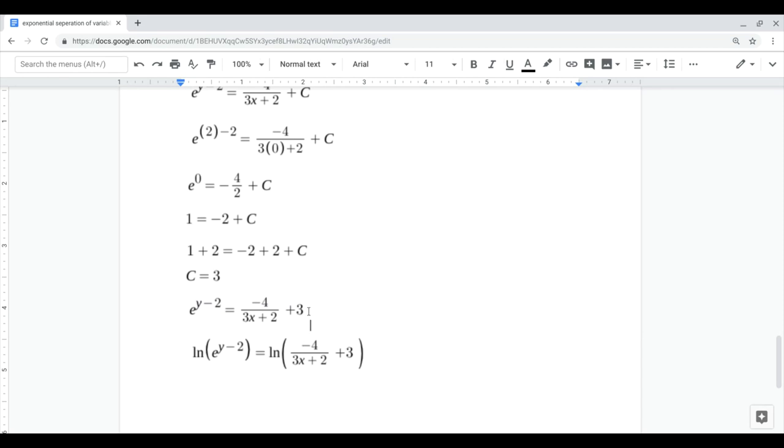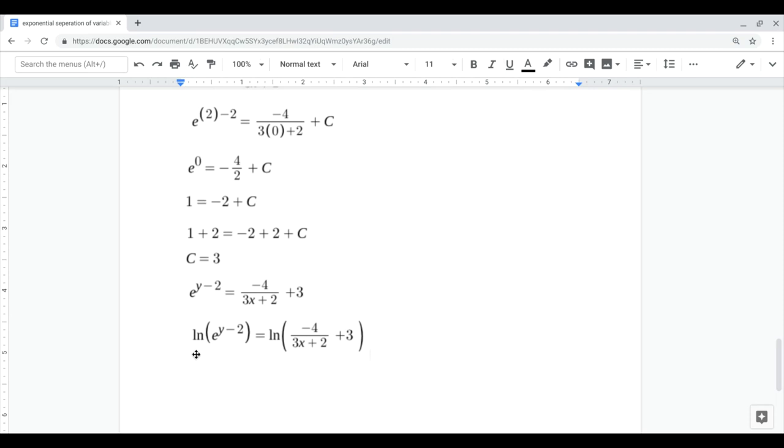And now we're going to solve for y. We take the natural log of e to the (y - 2), and what you do to one side, you do to the other. So you take the natural log of this part of the equation, negative 4 divided by (3x + 2) plus 3.